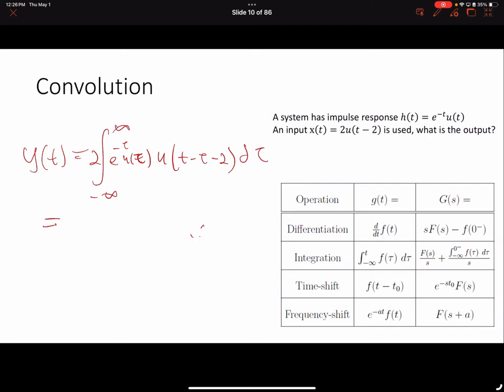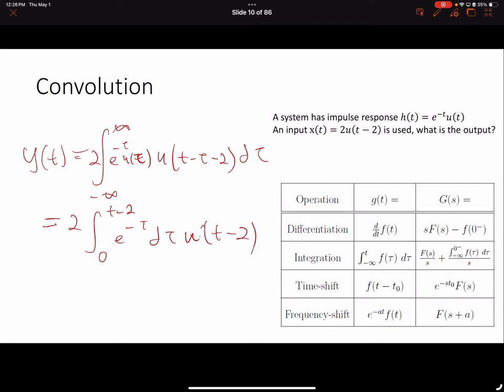And then after a lot of rationalizing, you would have realized that this is just the integral from 0 to t - 2 of 2 e^(-tau) d tau, and then you get a u(t - 2).